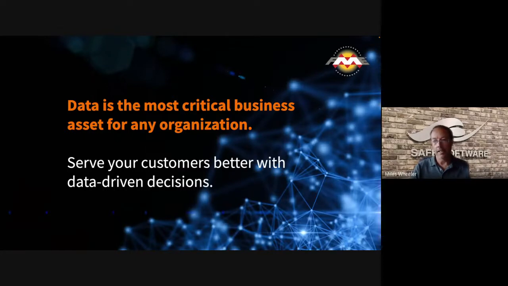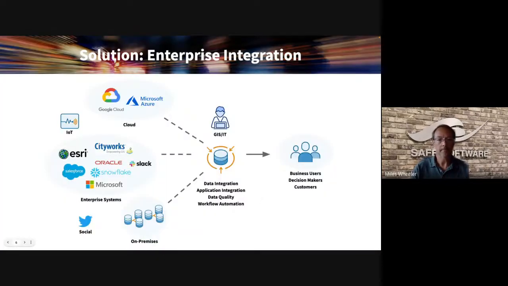So yeah, like I said earlier, data is almost, we say, the most critical business asset that many organizations have. So the better you use that data, the better you can serve your customers or your internal customers, making the right decisions with that data. Next, please. This is just, once again, a pretty high-level overview of the types of things that people do with FME.